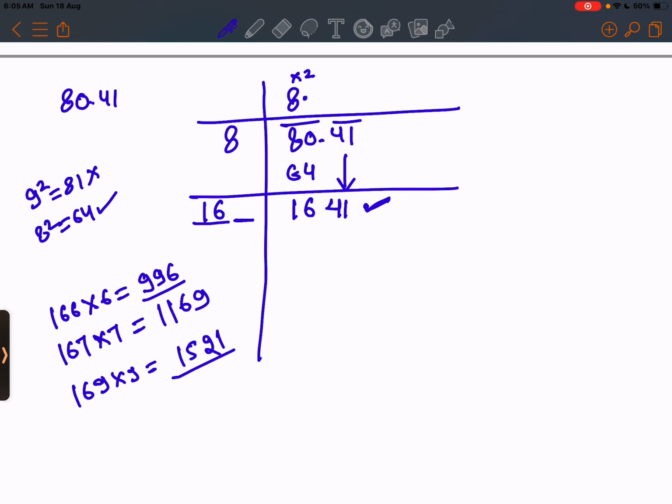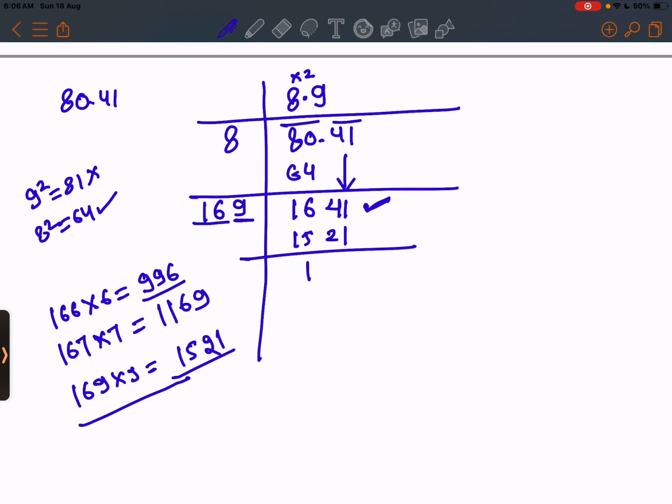So I think this would be the perfect number from which we have to divide. Here we will take 9 and the quotient will be 9, and the number we divide by is 169. 9 times 169 is 1521.